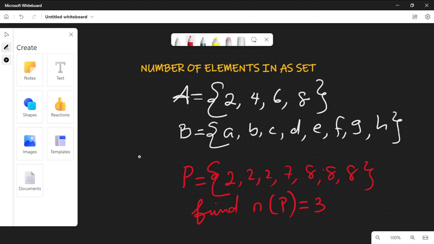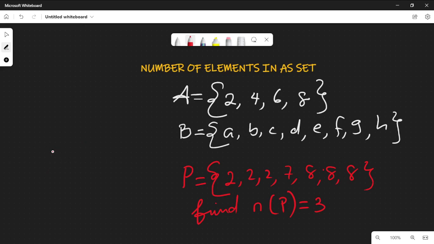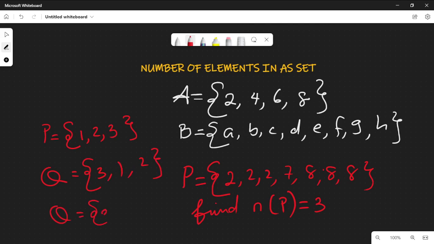Also, if you decide to rearrange the elements in a set, it's still the same set. For example, if I have that P is equal to the set 1, 2, 3, and I have that Q is equal to the set 3, 1, 2, or the set 3, 2, 1, or even the set 2, 1, 3.